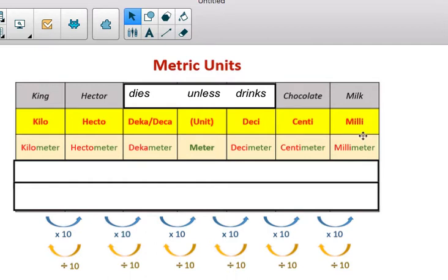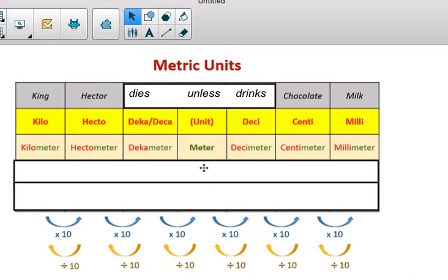I present it to you. Maybe it would help, maybe it won't, or maybe you can make your own. But I thought I would present it to you. So King Hector dies unless drinks chocolate milk, for kilo, hecto, deca, unit, deci, centi, milli.